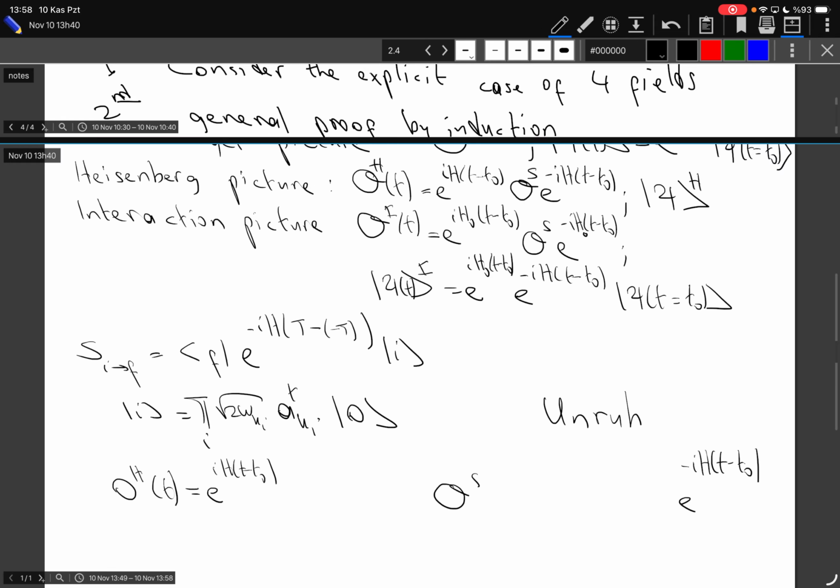I would like to write this in terms of my interaction picture operators. The interaction picture operator is sandwiched between e to the power i H0 (t minus t0) and e to the power minus i H0 (t minus t0). I cannot just insert whatever I want. I can at most insert the identity.